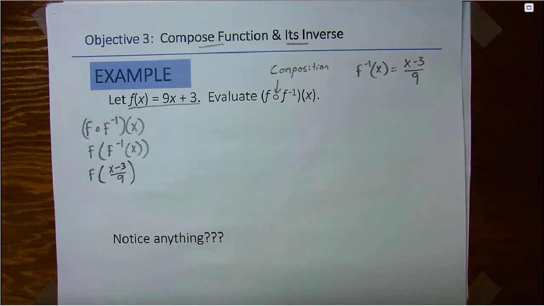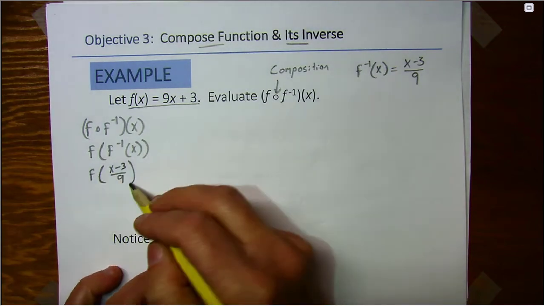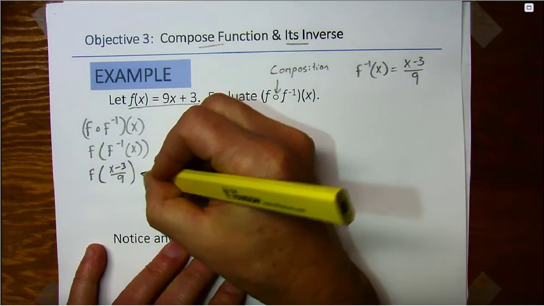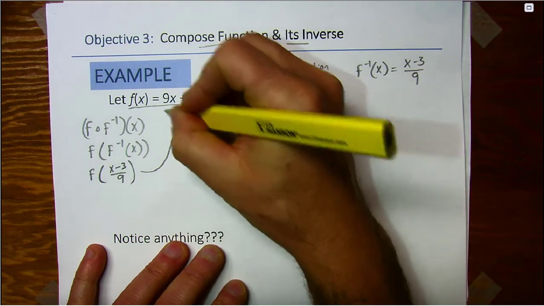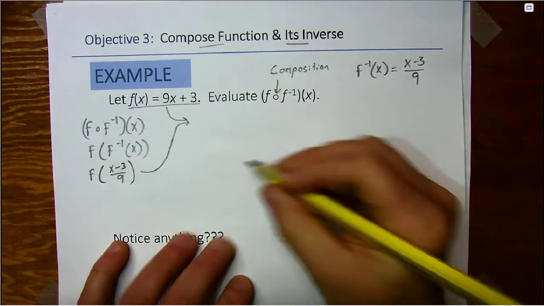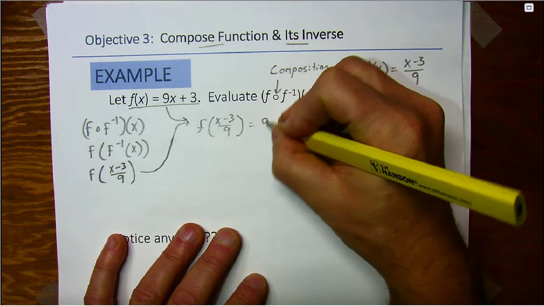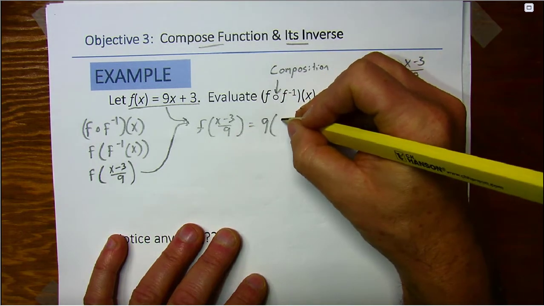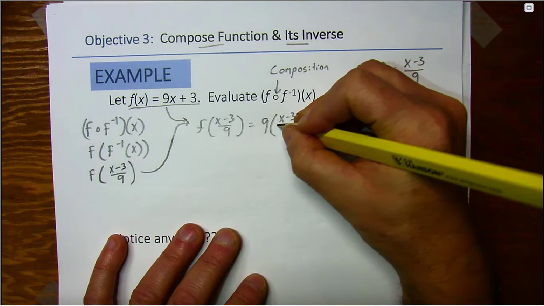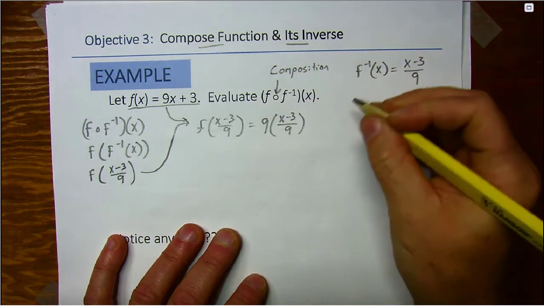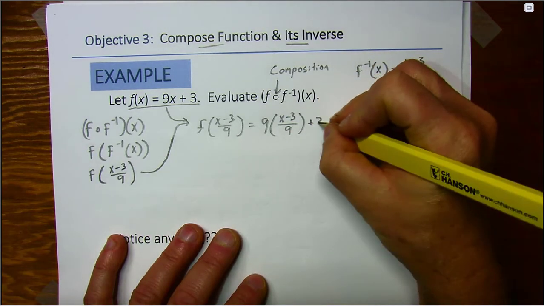But then the question becomes, well, what is f of x minus 3 over 9? Well, what does our original function say to do? It says that we should take 9 times our input value, that is to say 9 times x minus 3 over 9, and then add 3 to it.